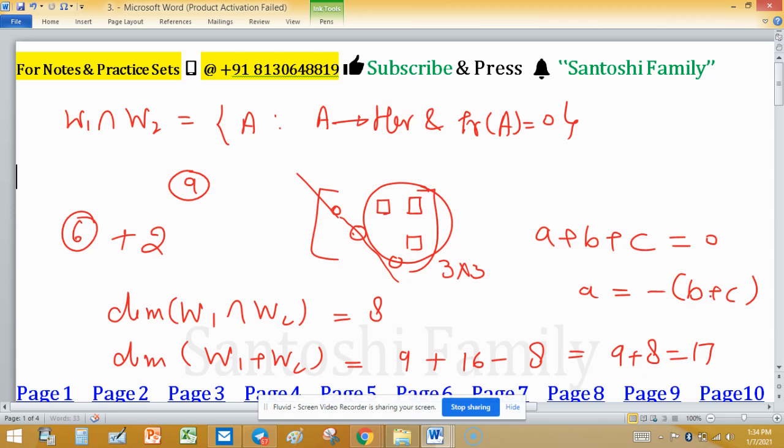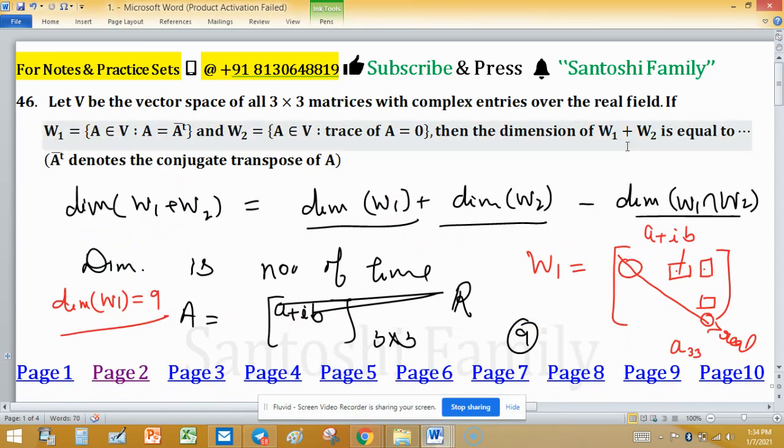So you are free to choose any 2 entries, and the third entry will be the negative of the sum of the first 2 chosen freely. So I took 2 here. So the dimension of the sum W1 plus W2 is 17.